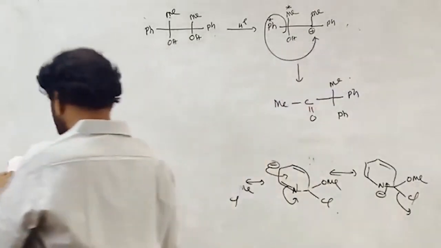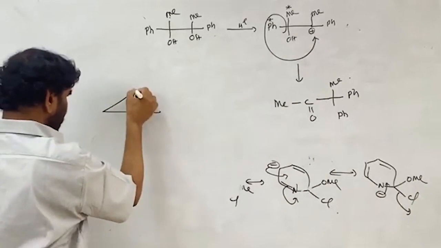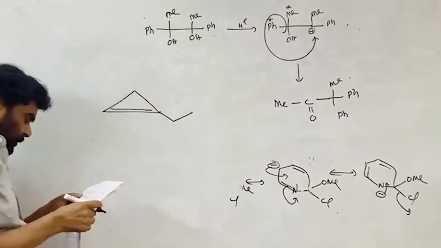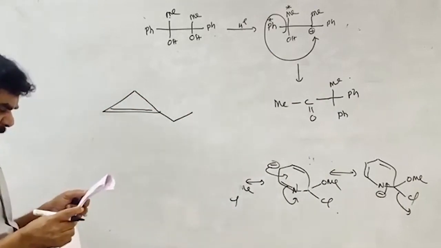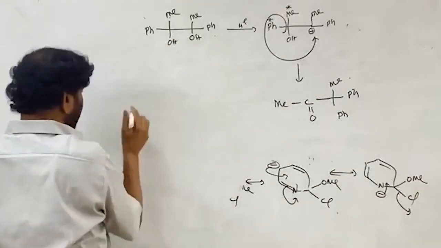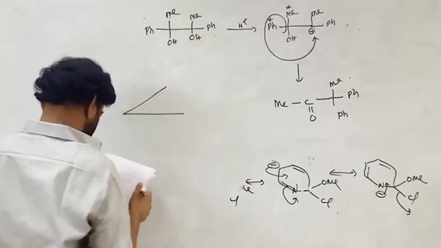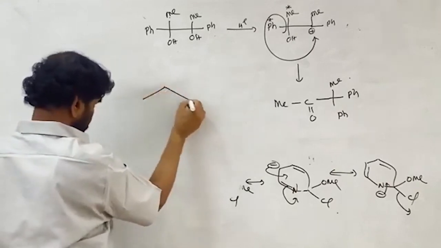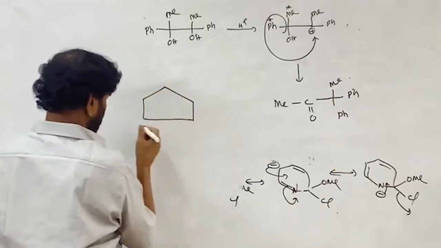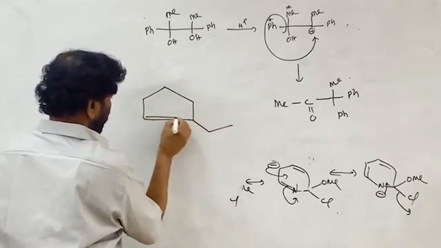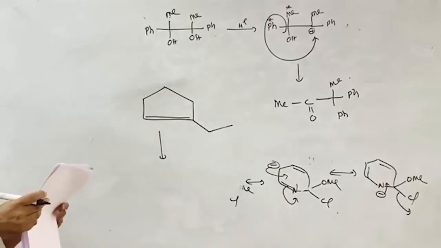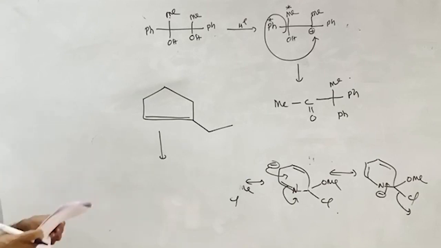And the 30th question. 1-ethylcyclopentene is subjected to hydroboration oxidation, that is, treated with borane followed by alkaline hydrogen peroxide.